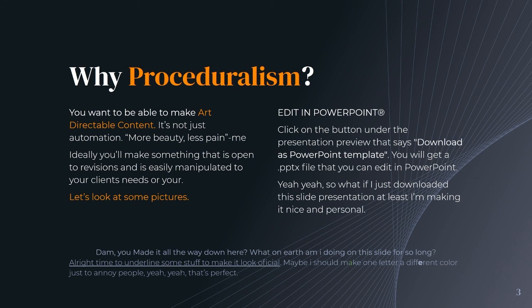Basically, you want to be able to create products quickly that you can go back and edit at a later date. So you want art directable content. What I mean by that is if your manager or your client comes back to you and says he doesn't like this one part of the project, and if you could change it, it would mean the world to him.